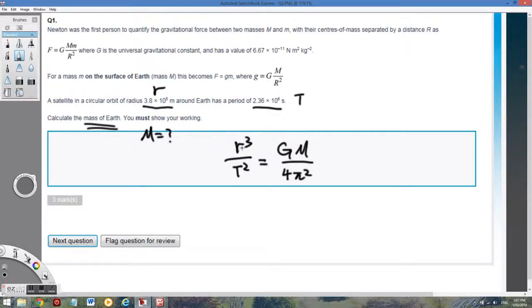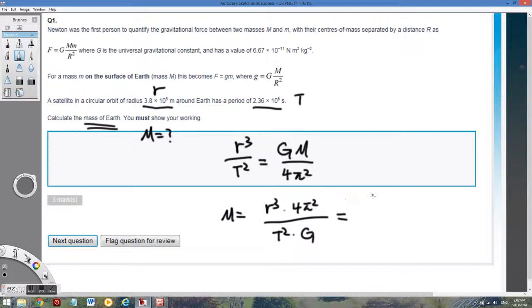So what we need to do is find the mass of the Earth. Basically, rearrange it. My M will be r cubed times 4 pi squared, then putting in all the values.